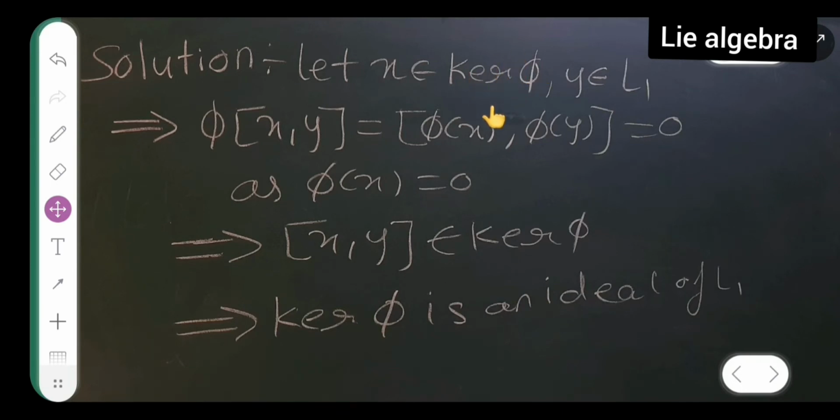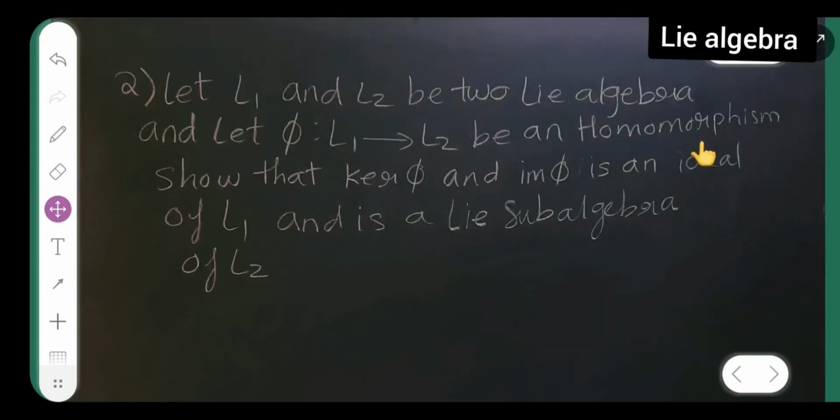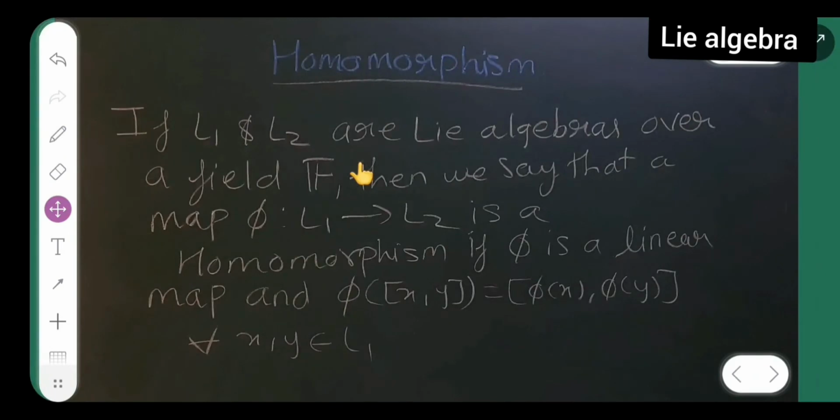Where x belongs to L1, where phi of x is... wait, let me first say, that step I have got from the homomorphism. From here, if L1 and L2 are Lie algebras over a field F, then we say that a map phi from L1 to L2 is a homomorphism if phi is a linear map and phi of the bracket x, y is equal to the bracket phi of x, phi of y for all x, y belonging to L1.